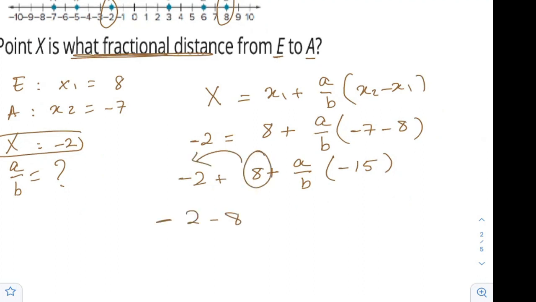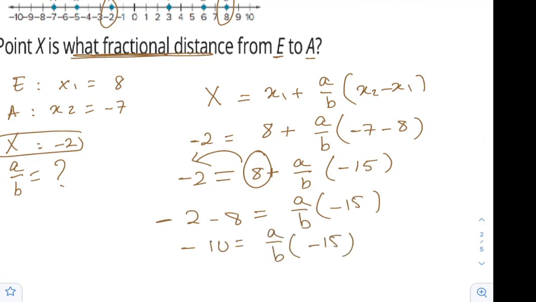-2 minus 8 is equal. That's why I was thinking there's something wrong. -8 equals A over B -15. -10 equals A over B -15. Now this is the unknown that we are looking for.